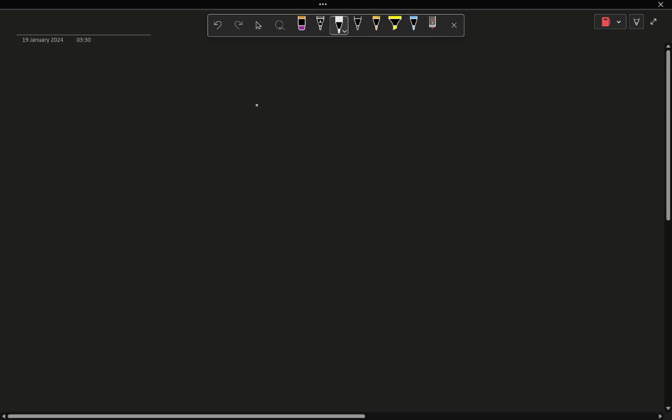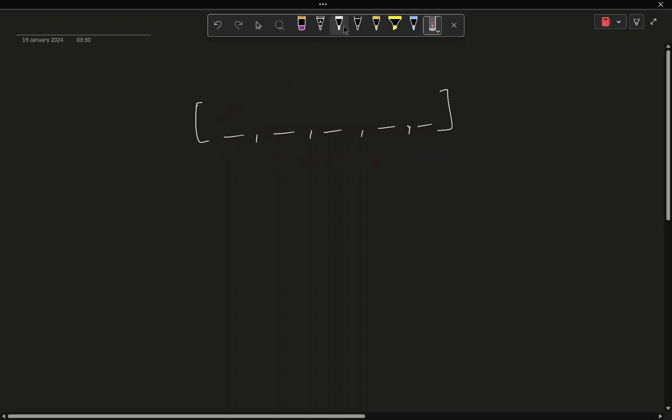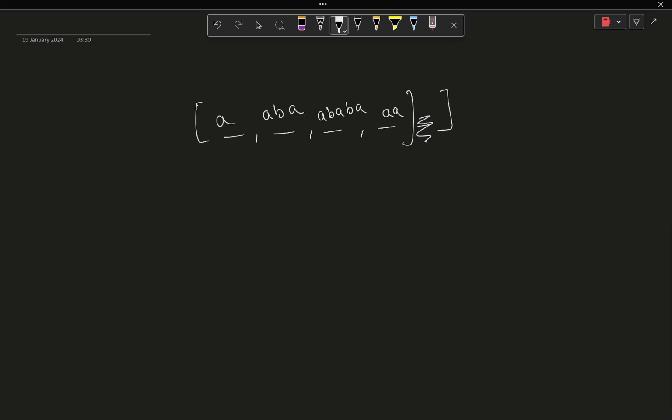When we did the first problem, we saw that for every string, let us just take the example, A, A, B, A, B, A, B, A. So for an array of strings like this one, for this number, I was just going on to every string and checking if it is coming up as a prefix in any one of them, and as a suffix as well at the same time.